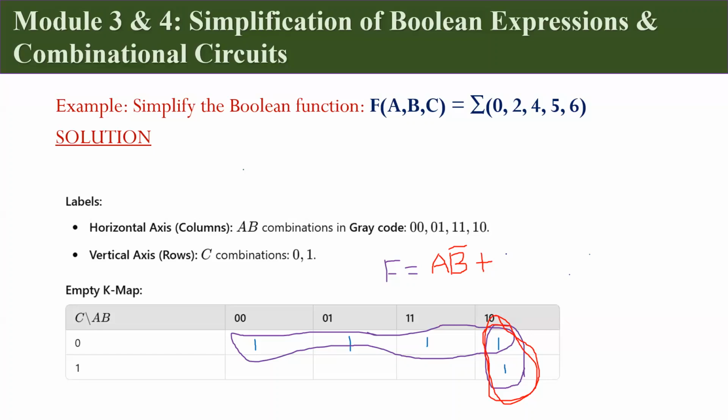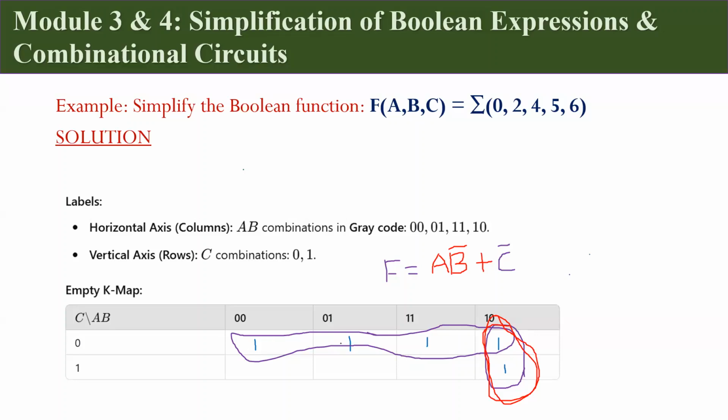C bar. C what? C bar. Perfect. Is that understood by everybody? Yes, sir. Who is saying no, sir? Look at it. It's only C bar that is common to the whole of everything you have in that.